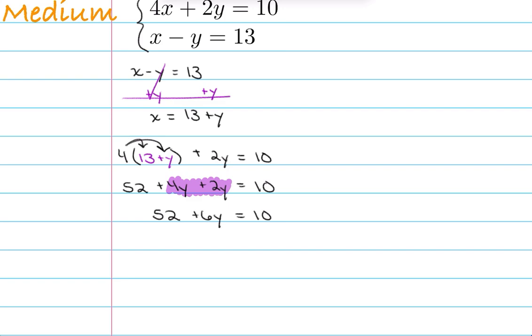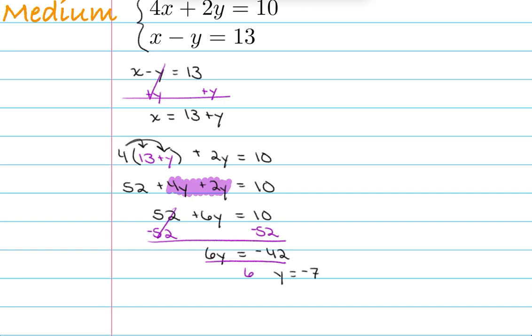So I will subtract 52 from both sides, and I get 6y equals negative 42. And then I will divide both sides by 6. So my y equals negative 7.